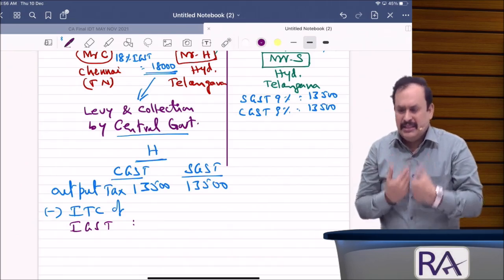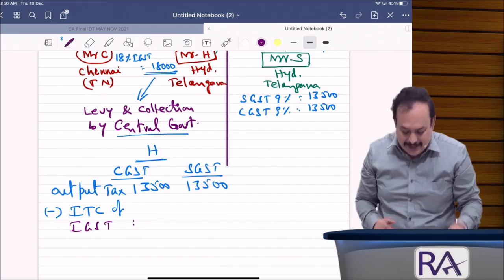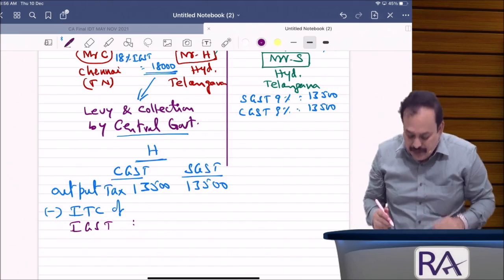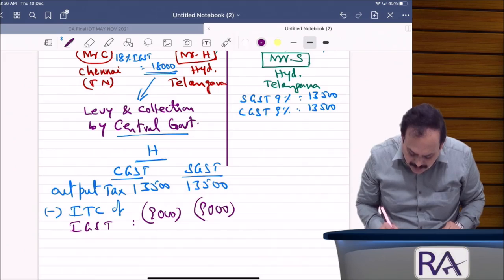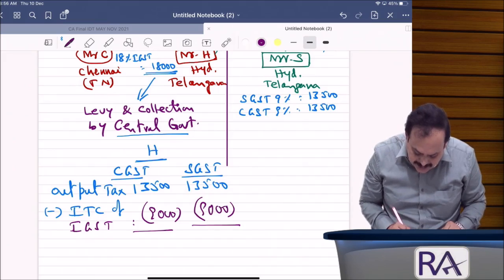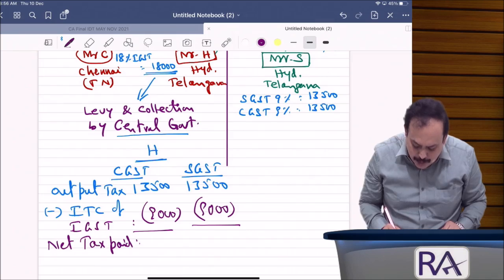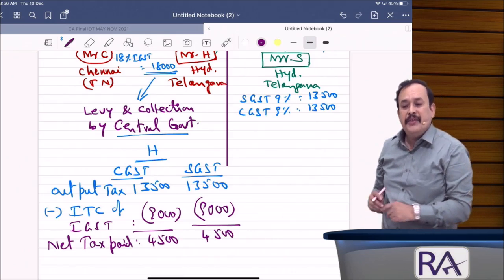In this case, I decide to go equally. No problem, go ahead. So in that case, 18,000 is set off equally. So 9,000 and 9,000. If I deduct, net tax paid, how much? Here it comes to rupees 4,500, 4,500. Is it clear, brothers? Any difficulty here?